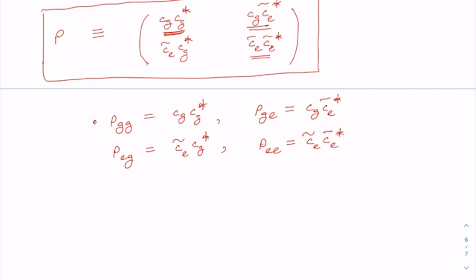Okay, so these are the elements of the density matrix, and they have some physical meaning.